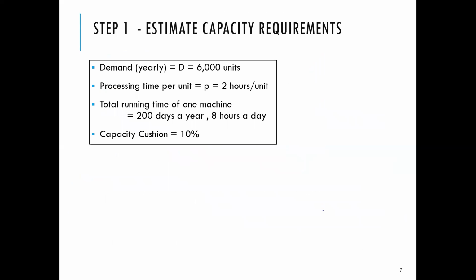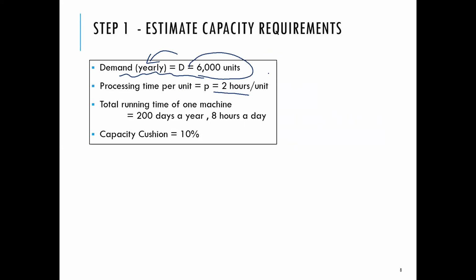So we went through the simplified example. In this example, we assume the demand for a product is 6,000 units per year. This is important. It is demand per year. The time we need to make this product is 2 hours. So it takes us 2 hours to build a single unit of this product. We need to make 6,000 of them.